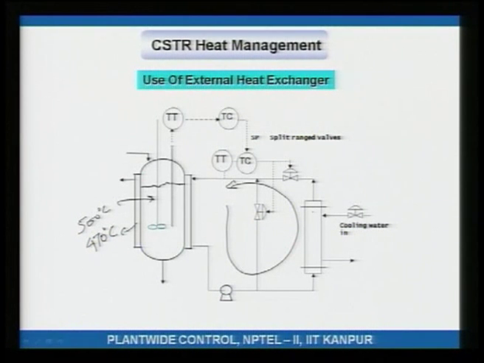And what I have here is a bypass to this heat exchanger. So, let us say 90% of the hot oil is going through this heat exchanger, and 10% is getting bypassed.